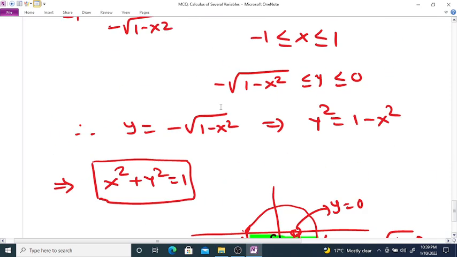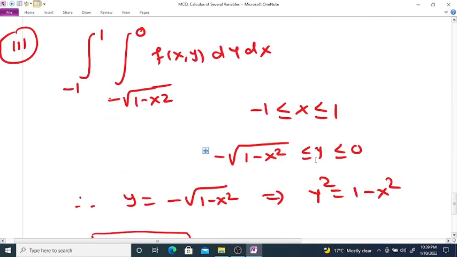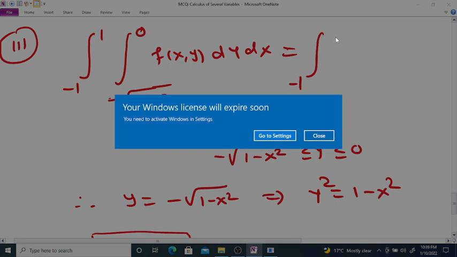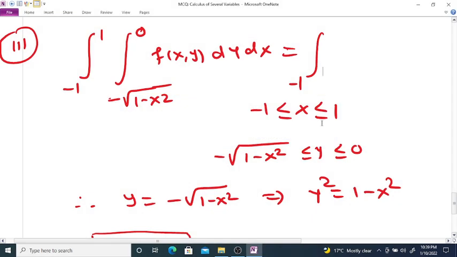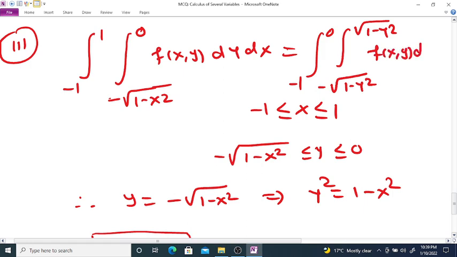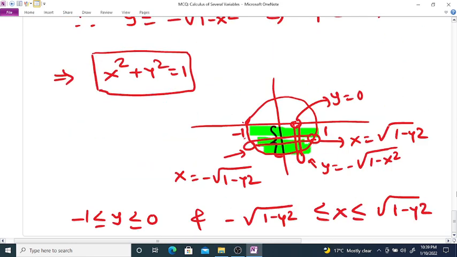Therefore the given integration becomes the integral from minus 1 to 0, minus square root of 1 minus y squared to square root of 1 minus y squared, f of x y dx dy. So this is obtained by changing the order of integration.